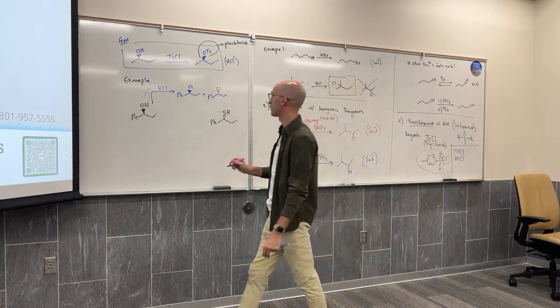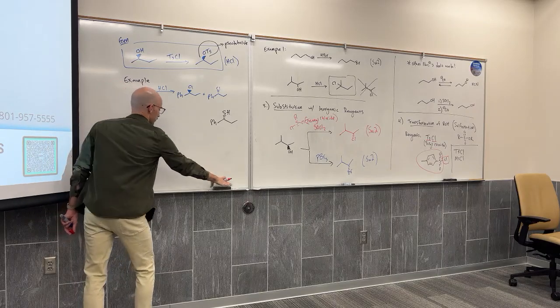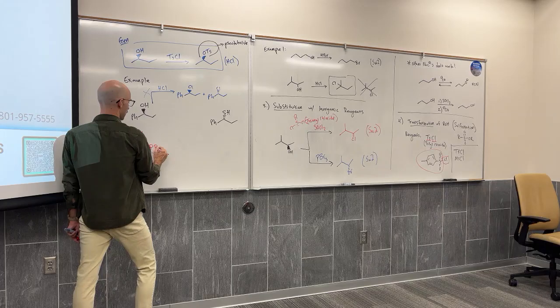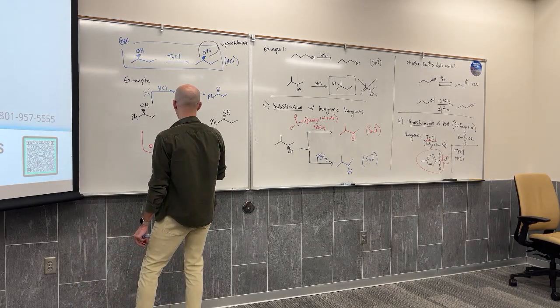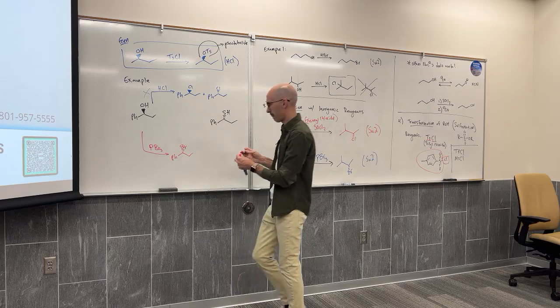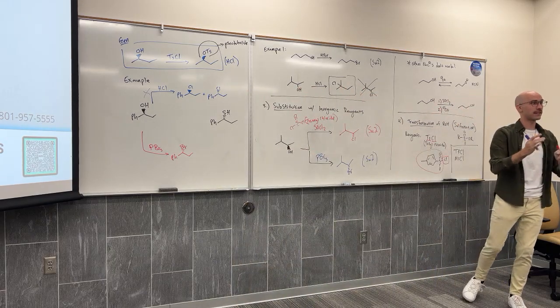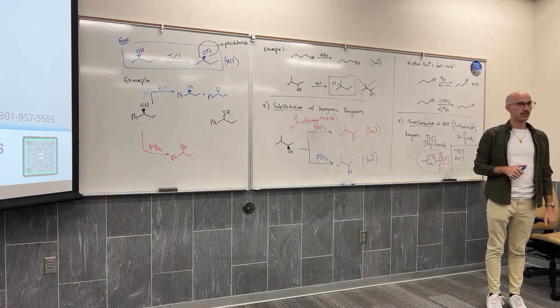If I use SOCl2, or I use that a little too often, let's use PBr3. Does the same thing, just changes the nature of our halogen. Okay, now I get one selective stereoisomer, the dashed halogen.